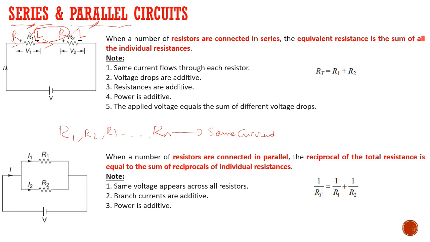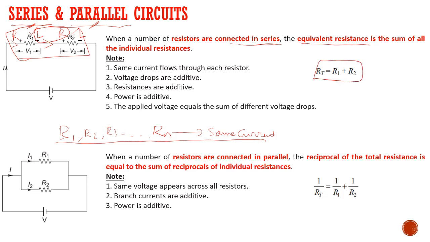When a number of resistors are connected in series, we can find the equivalent resistance, which means we can simplify this circuit. We can eliminate these two resistors and simplify the circuit, and even when we have multiple resistors like this, we can replace them with a single resistor. How can we replace them? We will see. This is the formula.